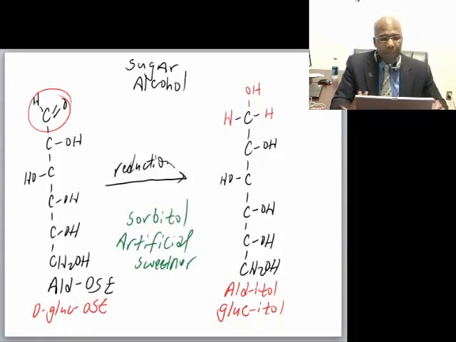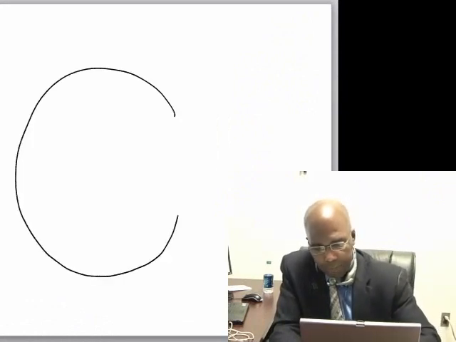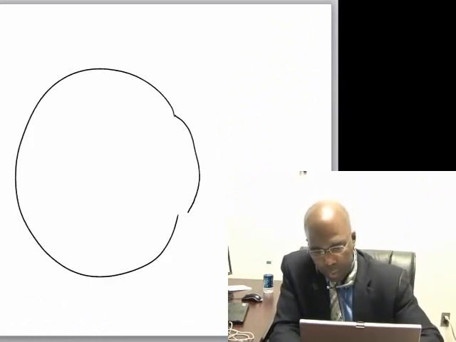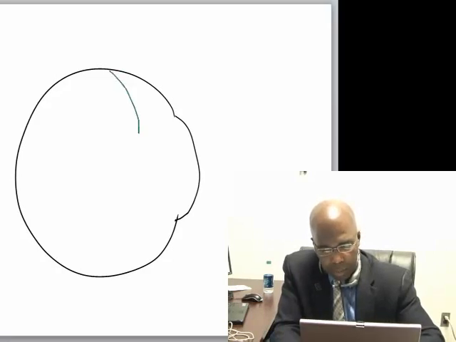Now, sorbitol is great, but there is one reservation for using sorbitol, and I'm going to explain that now. In your eyes, I'm going to just draw an eye here, cross section of an eye. Okay, that's going to be our cornea here, and let's make our pupil. That's the hole in the eye.